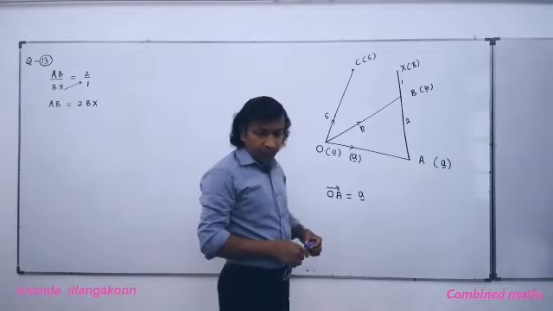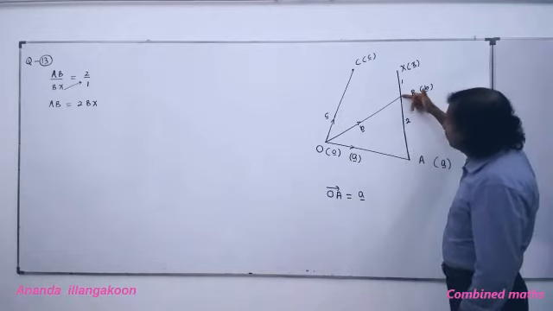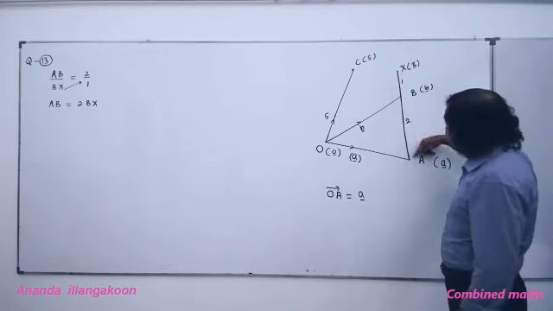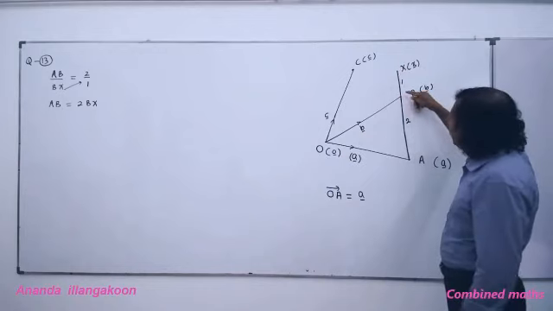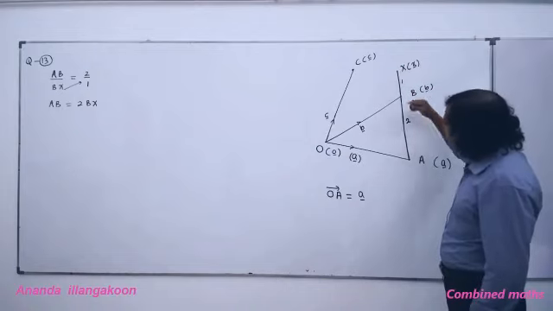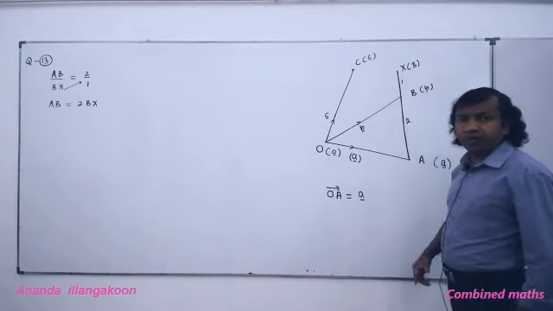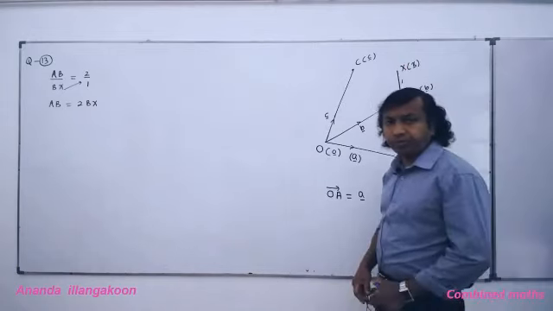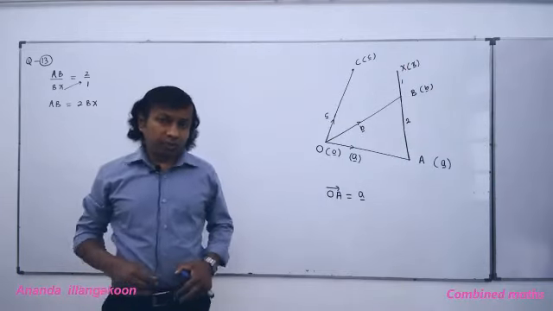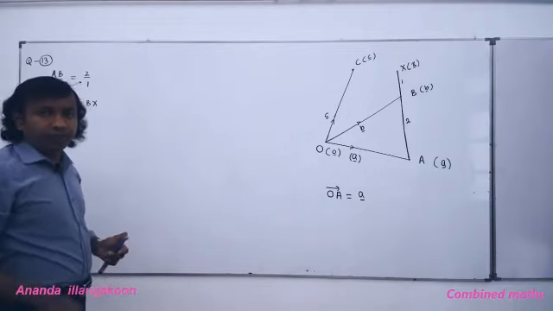Now you can very clearly see here A to B, B to X. The AB line segment and the BX line segment are both on the same line, and the direction is also the same. So all those properties we can bring into one vector equation.